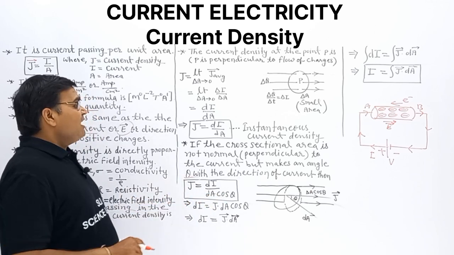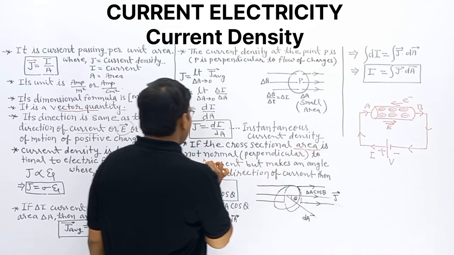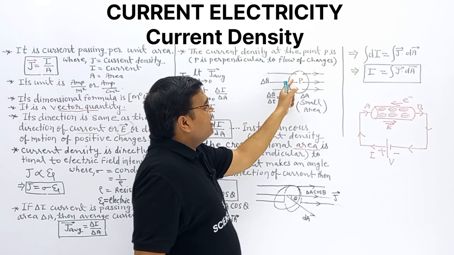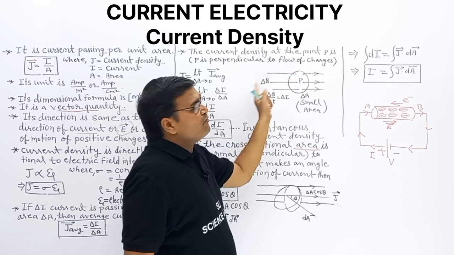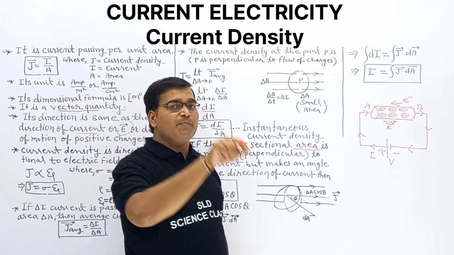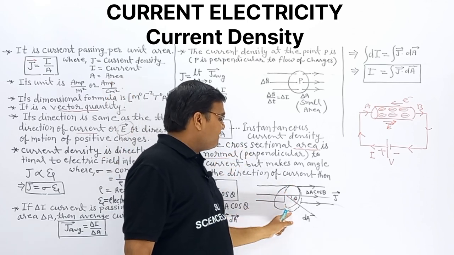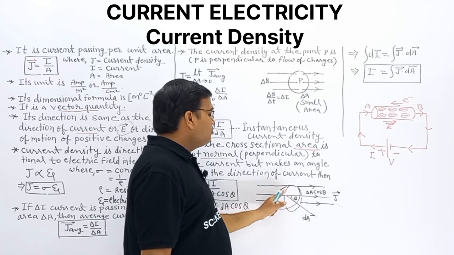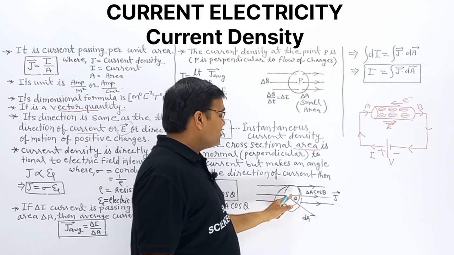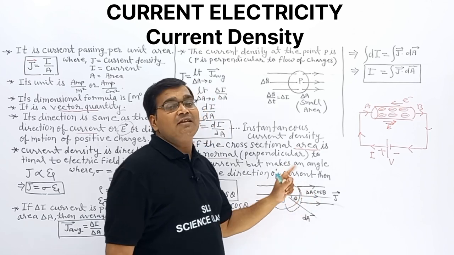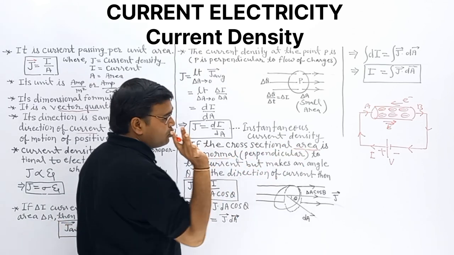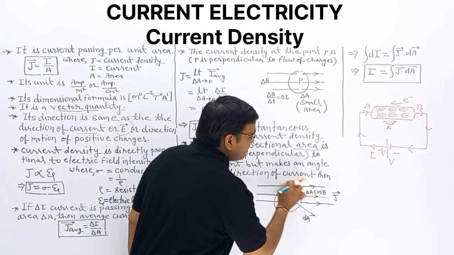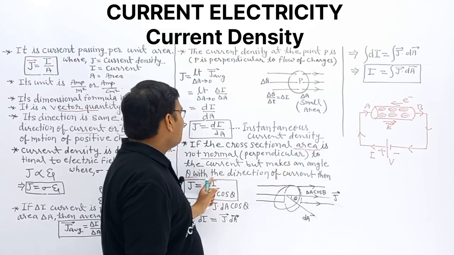Observe, when we use this one, if the cross sectional area is not normal, in the normal case the current is passing perpendicularly through the area. But this surface area is moved by angle theta, or we can say the current makes an angle theta with this surface area. We are moving this surface at angle theta with the direction of current.